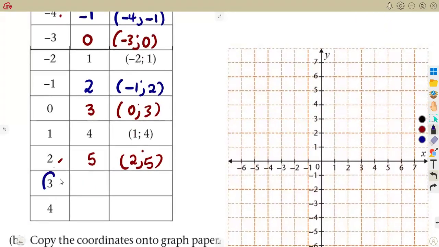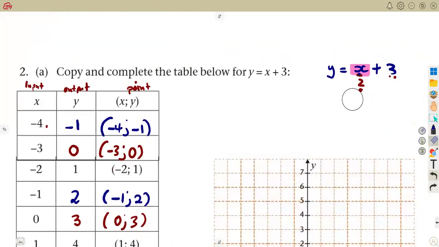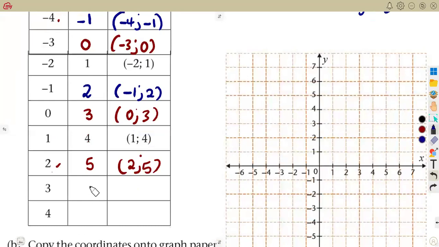When this is a 3, you're going to substitute into that same equation where x is. This time you put a 3. So 3 plus 3 is going to give us what? A 6. So the y value there is going to be a 6. As a point, x versus y, 3 versus 6. When x is 4, you do the same thing.